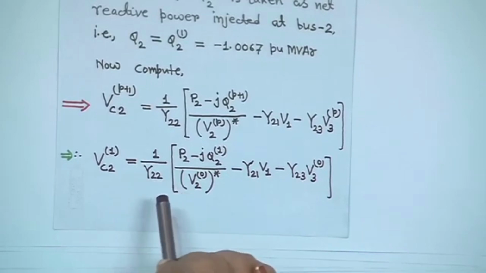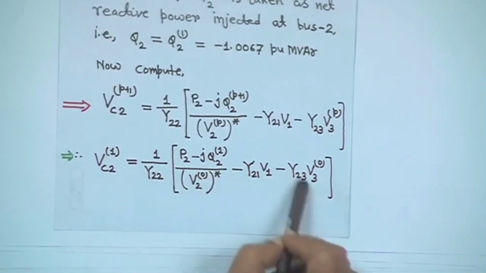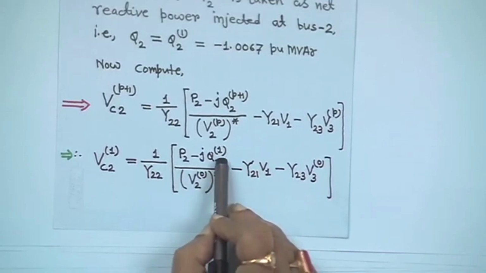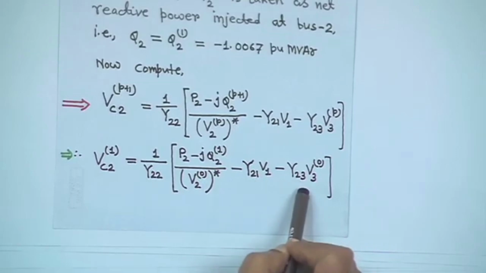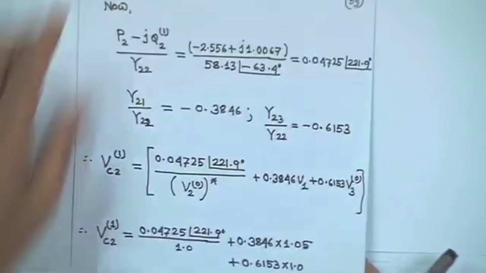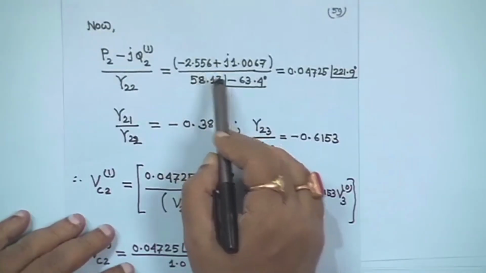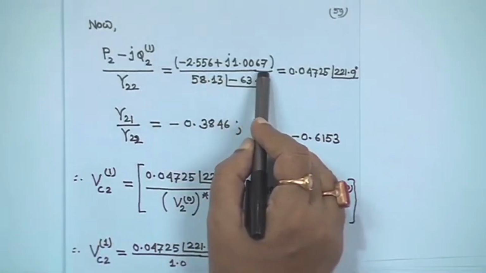Now, same as before, you compute P2 minus jQ2^1 and multiply this whole thing by 1 upon Y22. So, you have to compute (P2 minus jQ2^1) upon Y22, minus Y21 upon Y22, minus Y23 upon Y22, right. If you do so, P2 was minus 2.556 and Q2^1 was minus 1.0067, which we have computed.